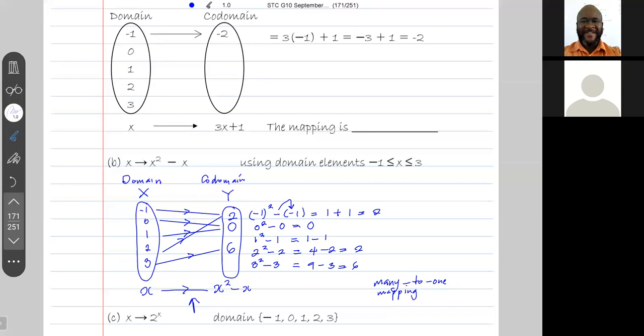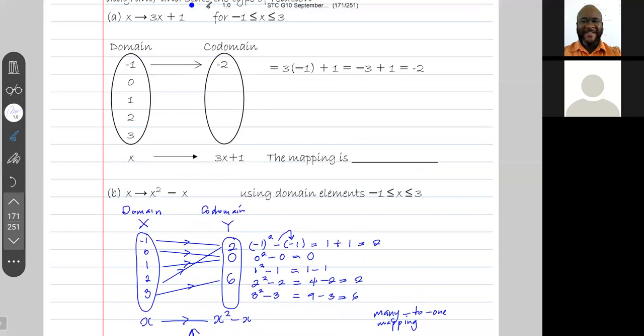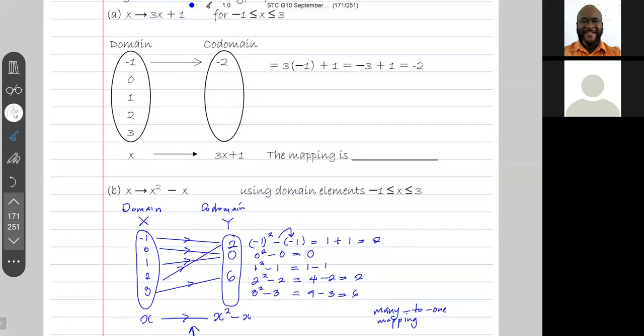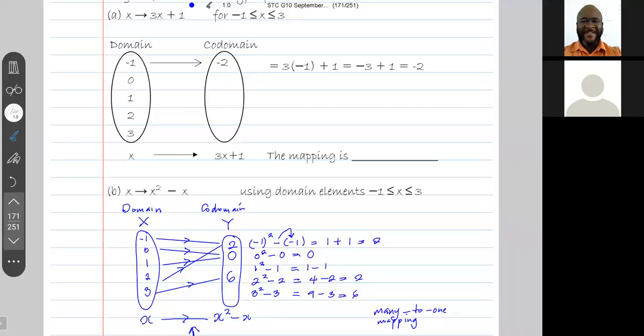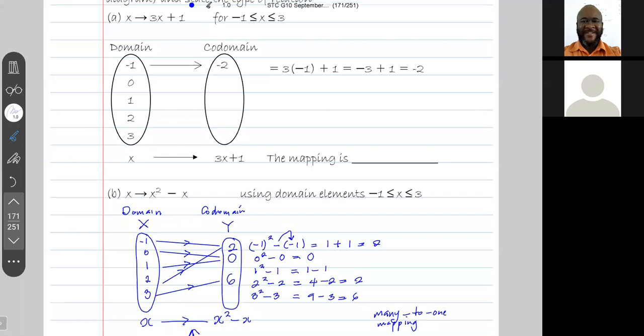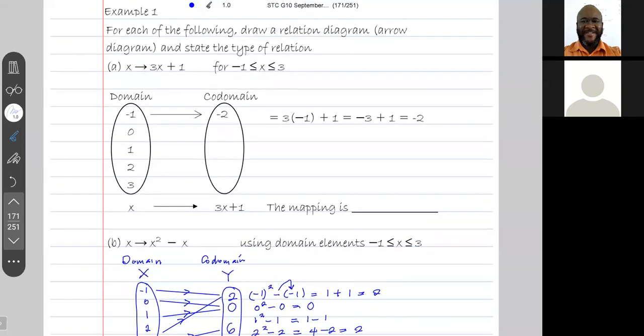All right, with this in mind, guys, I want you to do A. I want you to complete the relation diagram in A. All right, so for example 1A, we ask for each of the following.